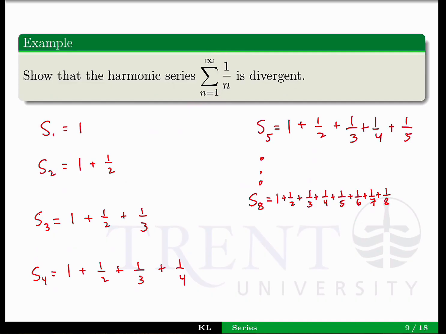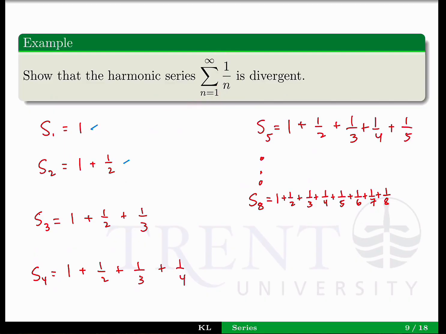We can do this for the next S that we will need, but I will show you the pattern. For S1, we just have 1. For S2, we have 1 plus 1 half.